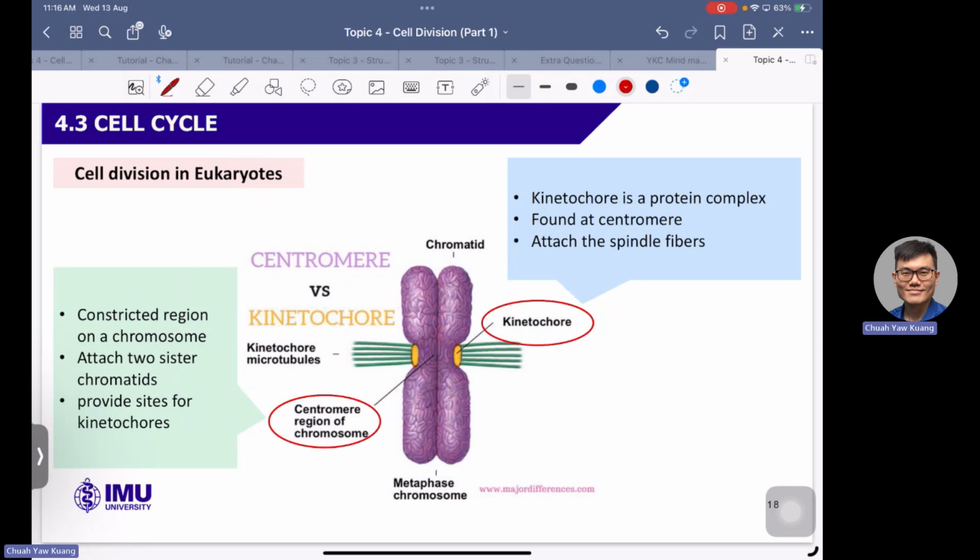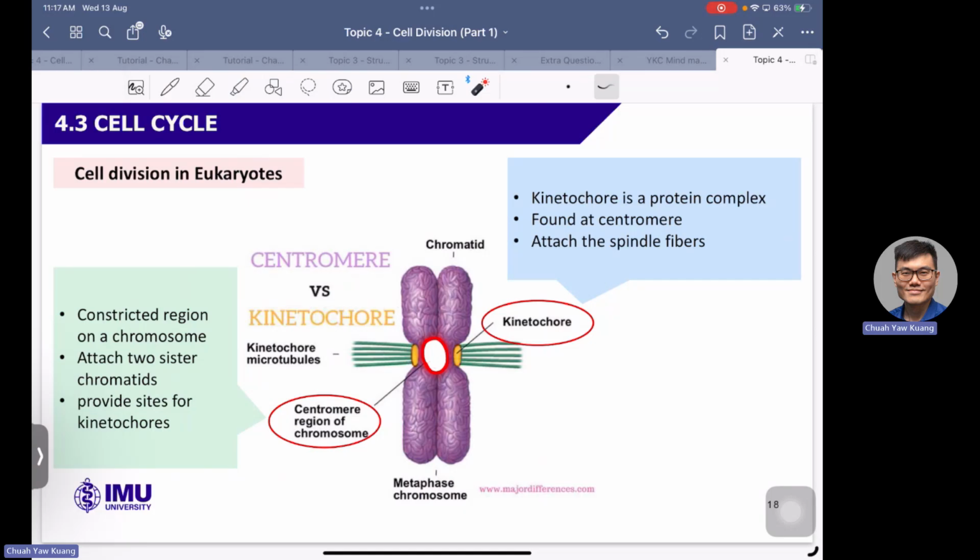So what is a centromere? Centromere is actually on the chromosome itself. It is the center part of the chromosome. It's the attachment point where the two chromatids are joined together.